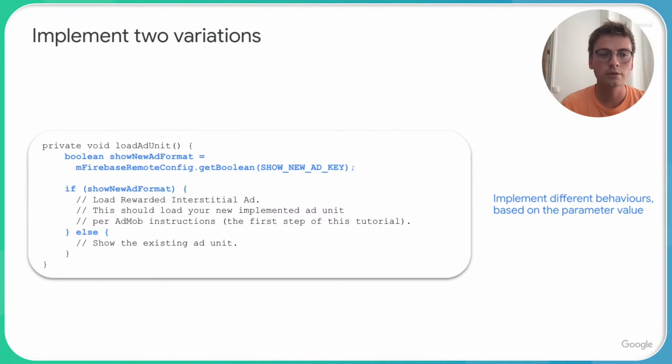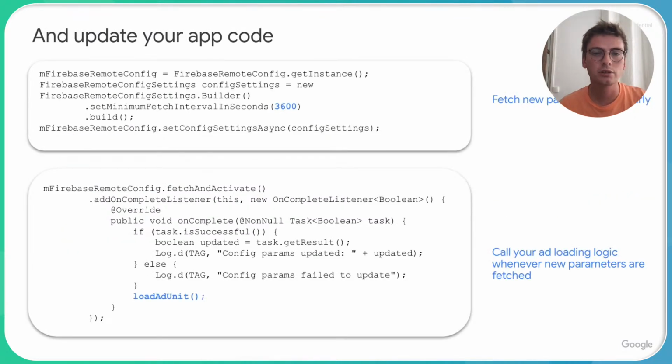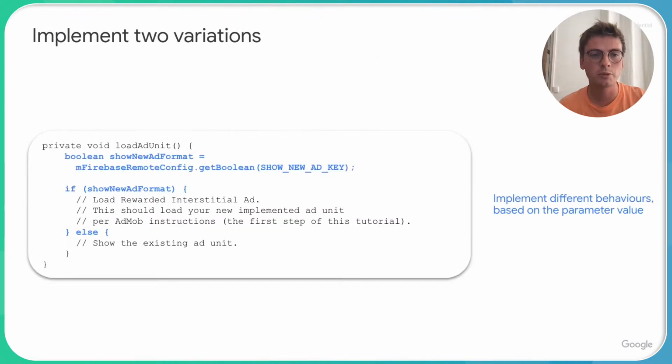If it's not equal to true, we won't show anything, or we show the type of format that was shown before the A/B test. So basically it's only a bit of baseline code in the previous slide, and then very specific code for your implementation, where you decide on different behavior based on the parameter value.